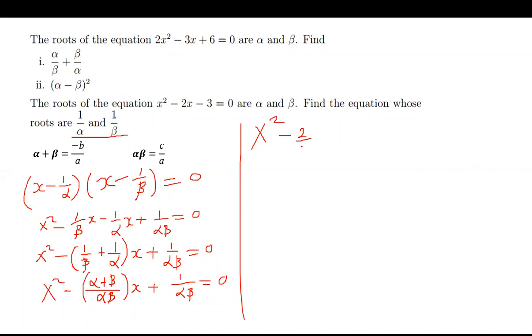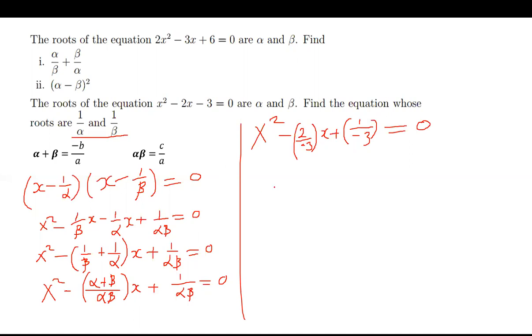So I'll still get negative 3. For the sake of not making a mistake, I'll put them in brackets like that. And then I'll say plus 1 over alpha times beta is just what we found here, which is negative 3. I'll also put this in brackets. Then this will be equal to 0.